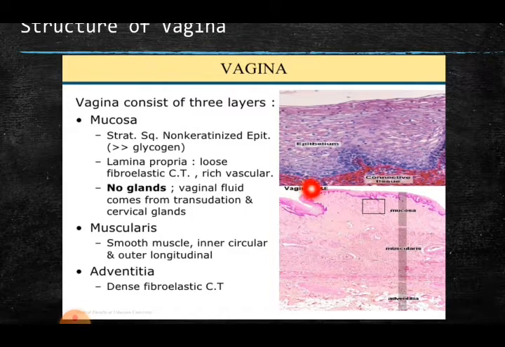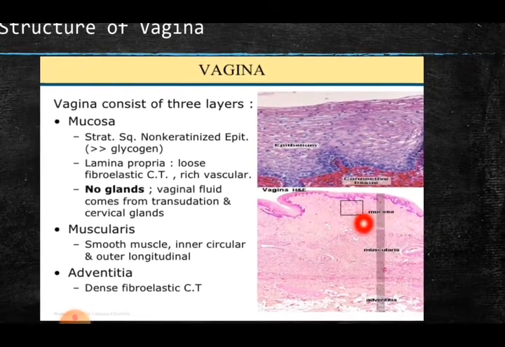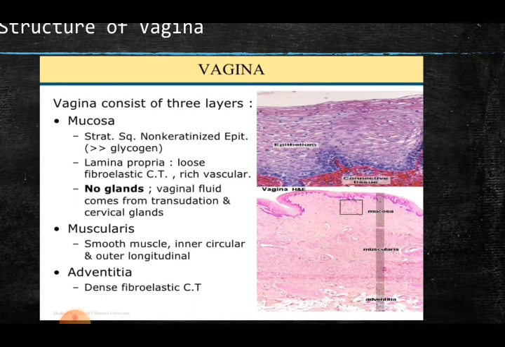Here you can appreciate the ridges, and this is the mucosa on histology, and these ridges are formed by the epithelium. And just remember that it does not have any secretory glands, but the surface is kept moist by the cervical secretions.